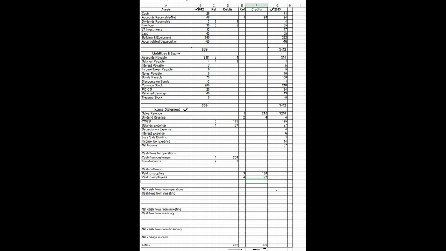What happened? 3 and 27 is 30. So I have had a math error. I have salaries expense, let's work it through, of 27. That's a debit. And salaries payable of 3. That's a debit. 27 and 3 is 30.